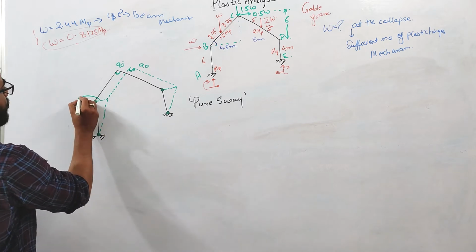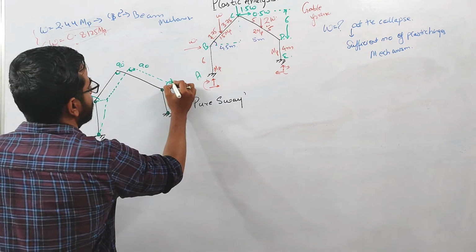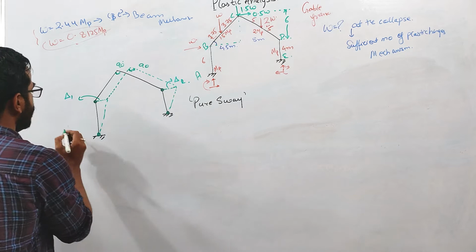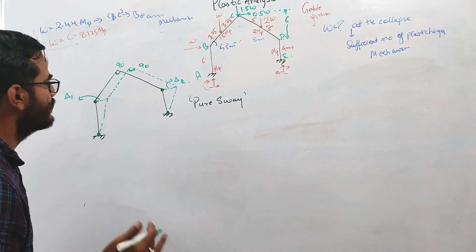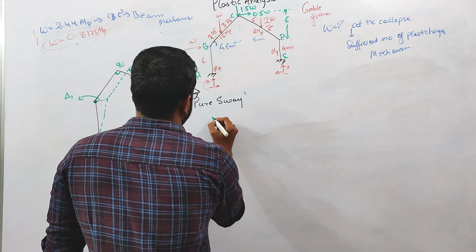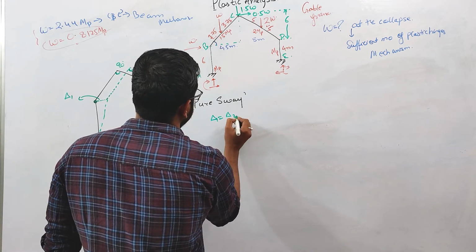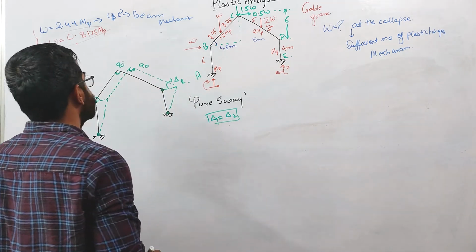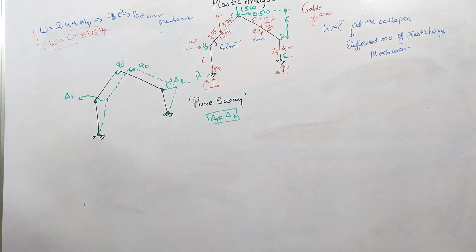And these two deflections will be equal. This is delta 1. Let us suppose this is delta 2. So for inextensibility, if members are inextensible, you can write delta 1 equals delta 2.